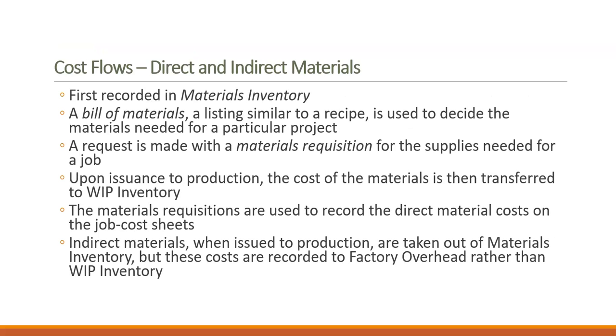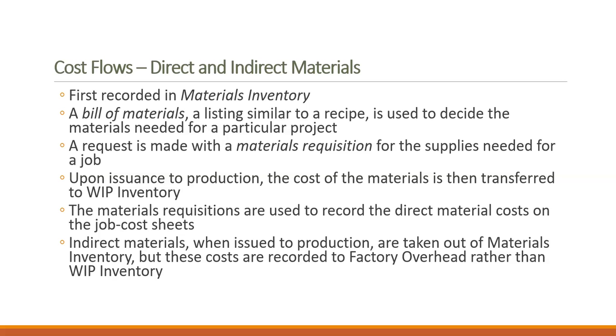We have direct materials and indirect materials. When we receive direct materials, we record them in materials inventory. We'll have a bill of materials. This is a list of the materials needed for each particular project or product. We will make a request with a materials requisition. We will request the supplies out of our inventory that we need for a job.